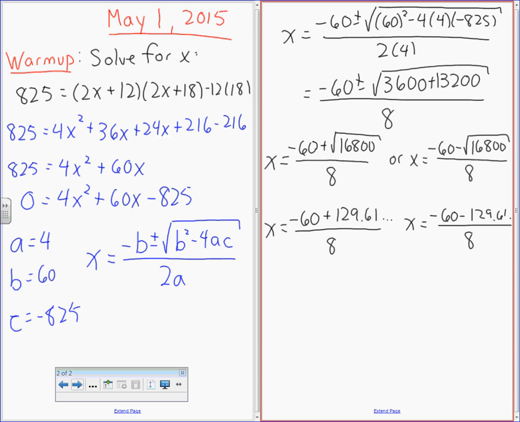Okay, Jenna, can you do negative 60 plus 129.61 and divide that by 8, please? Negative 43.7. That should be this one, I think, right? Because this should be positive, because negative 60 plus 129 is positive.